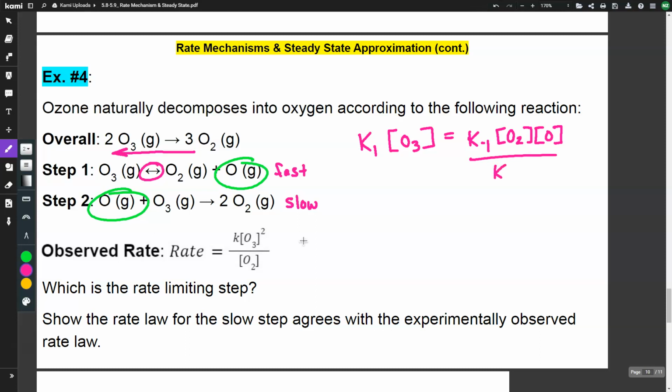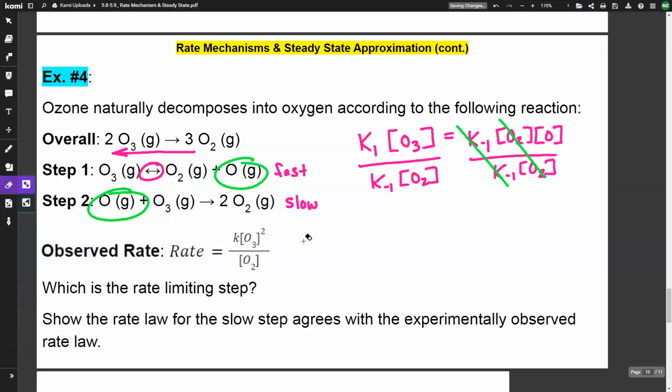I'm going to divide both sides by K minus 1 and O2. These will cancel here, and we'll just be left with that.